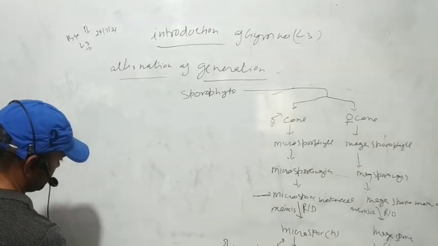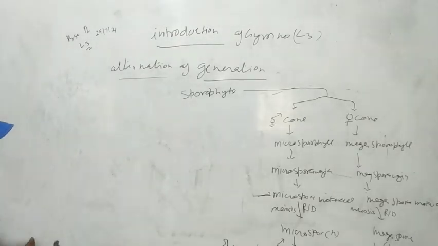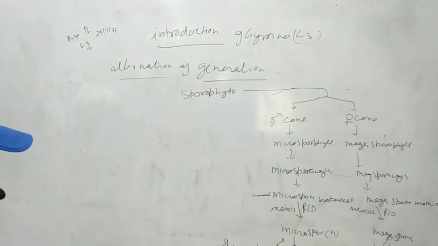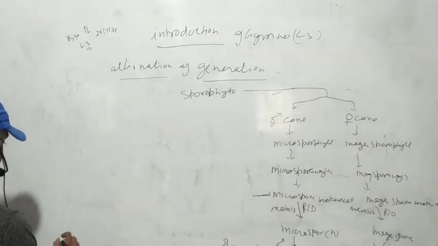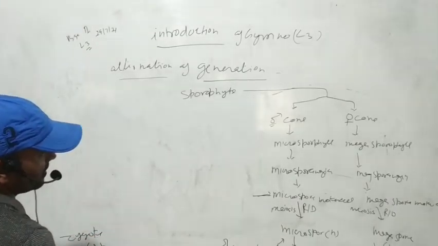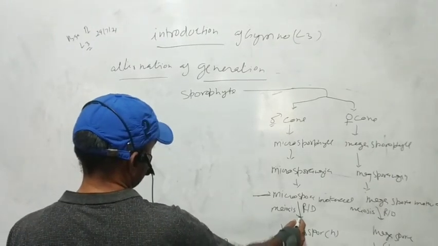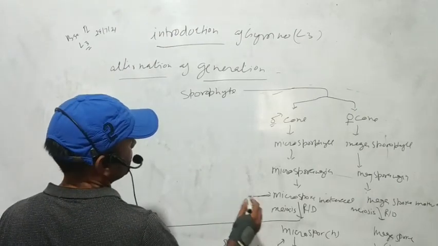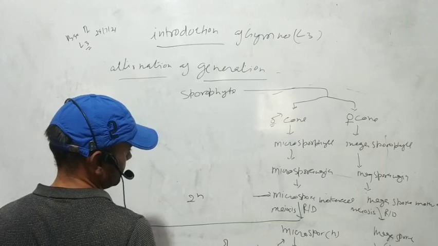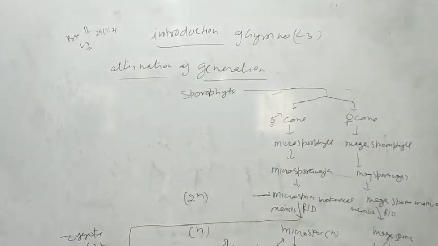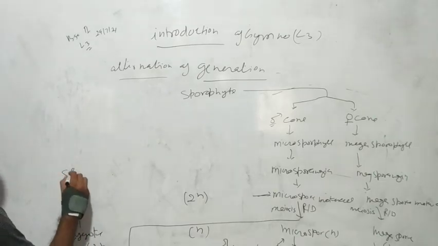This phenomenon, fertilization, takes place when the egg and male gamete fuse, are fertilized, then the formation of the zygote takes place. It is 2n in number, and after reduction division, from here it is n number. This is 2n, and this is n number of chromosomes. The zygote forms the seed.